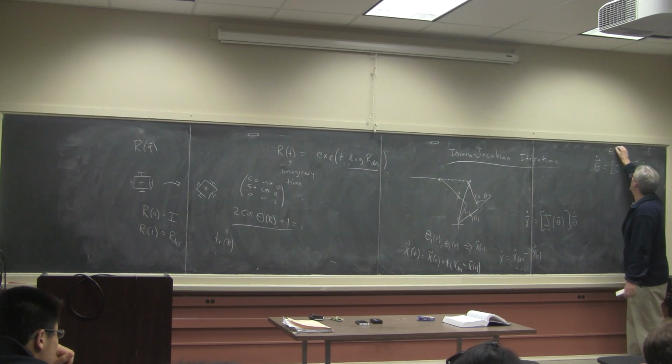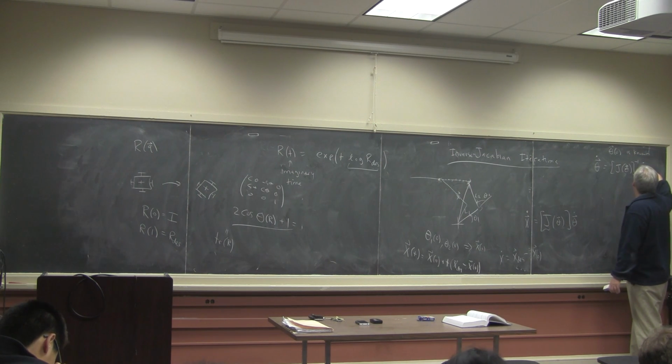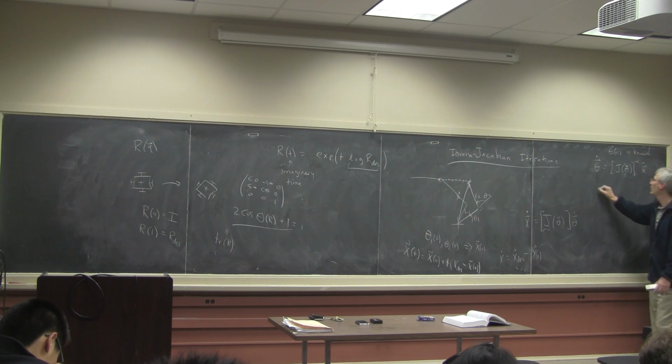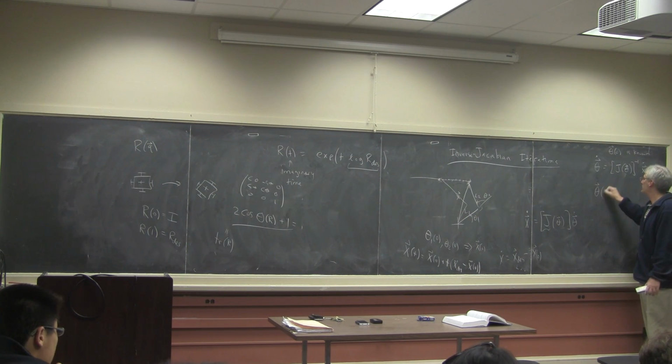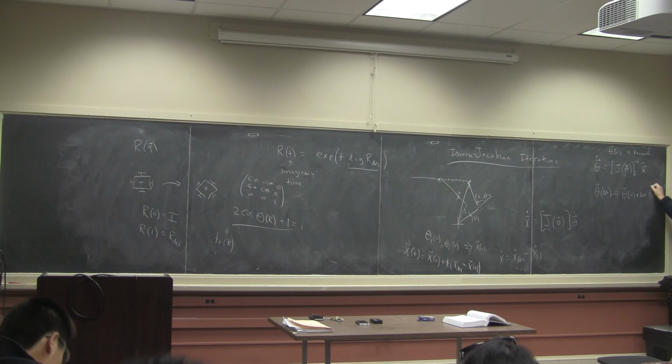So theta of 0 is known, x dot is known, so we can get theta at time delta t, an instant later, as theta at time 0 plus delta t times theta dot at time 0. And then we just iterate.